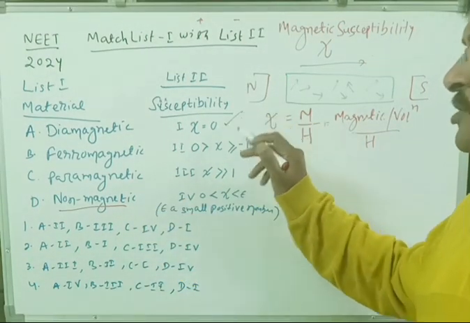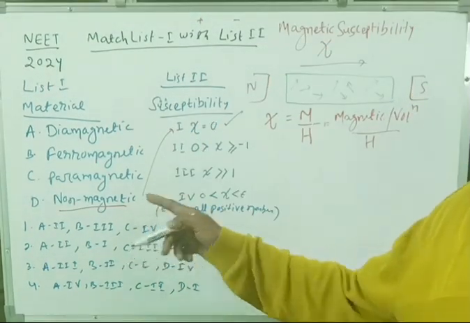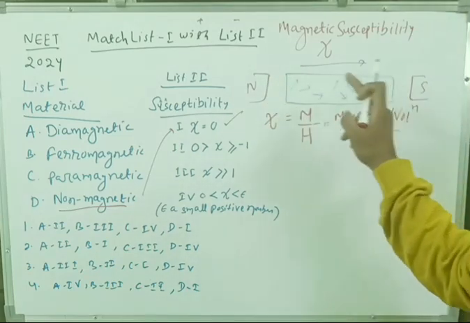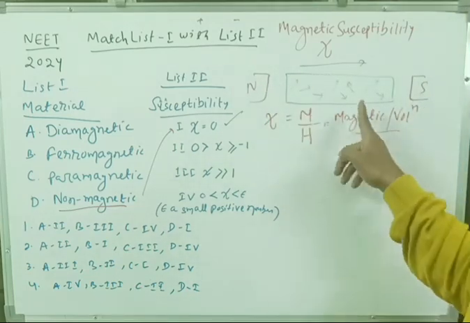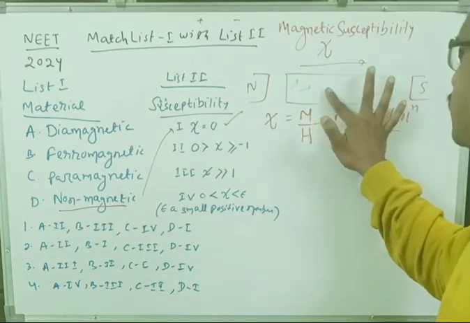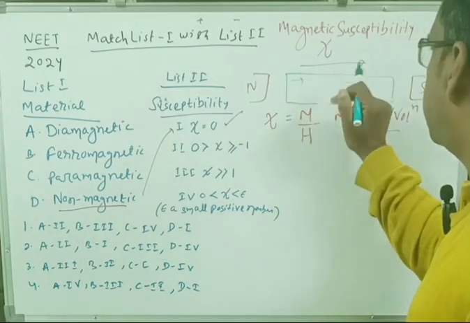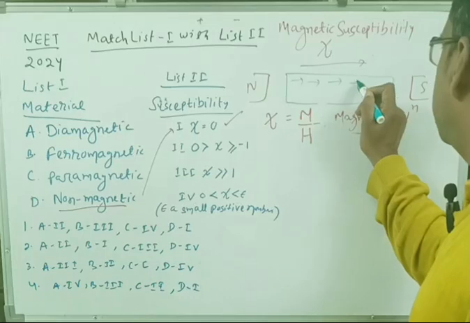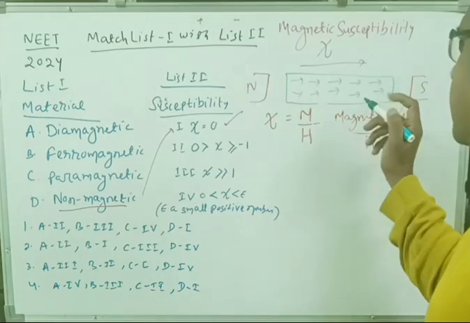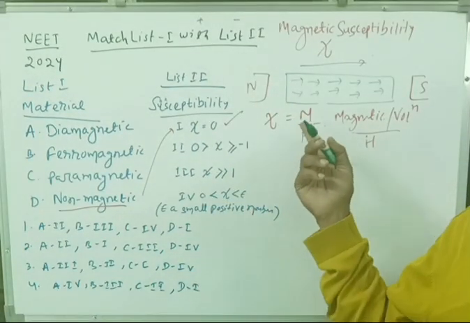So we may connect here chi 0 represents the non-magnetic material. Suppose we apply an external magnet, and all the atomic magnets are completely aligned in the direction of the magnetic field, giving a strong magnetic field inside.